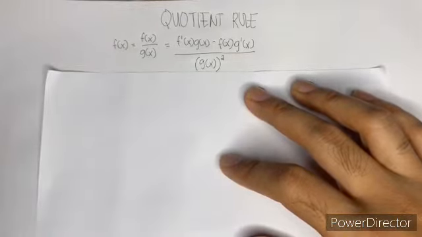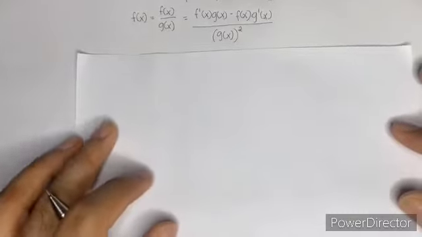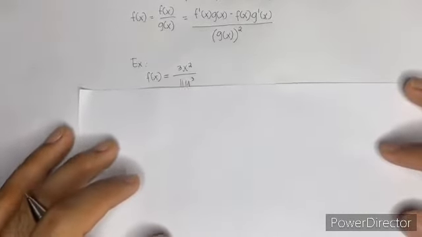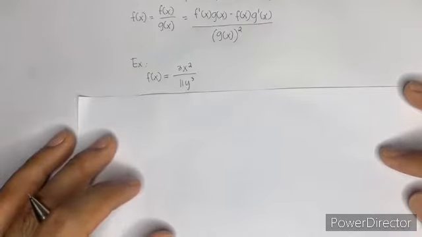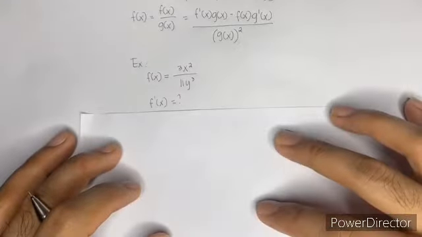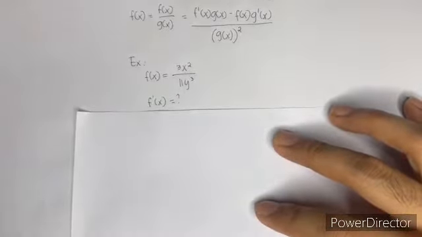So that is our formula to find the quotient rule of a certain derivative. So we have the example, f of x is equal to 3x squared divided by 11y cubed. Find f prime of x.